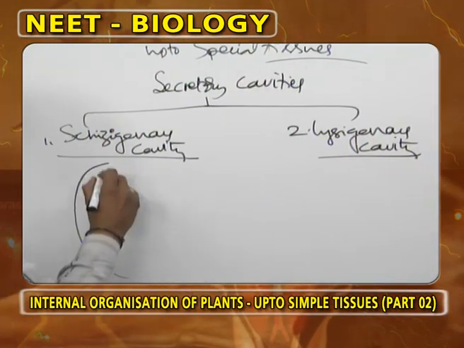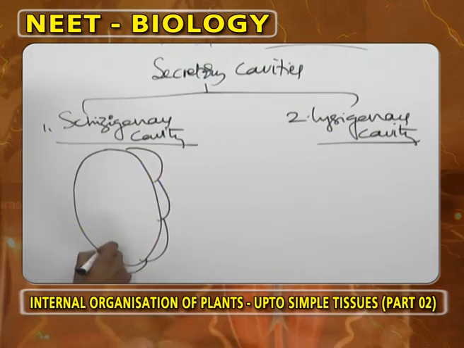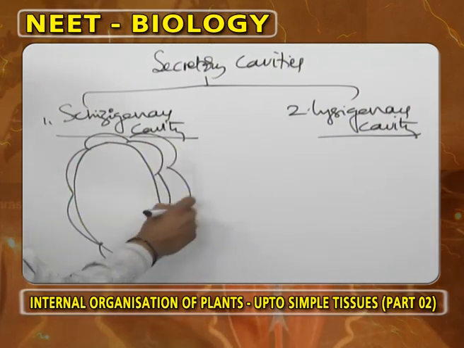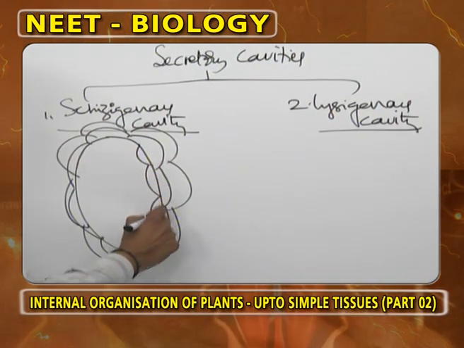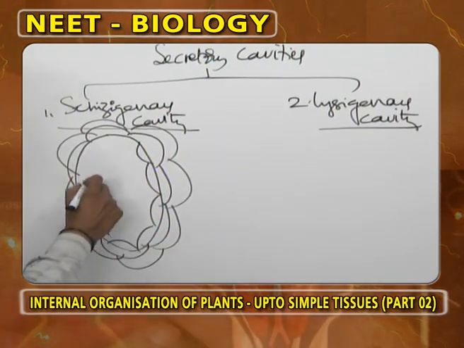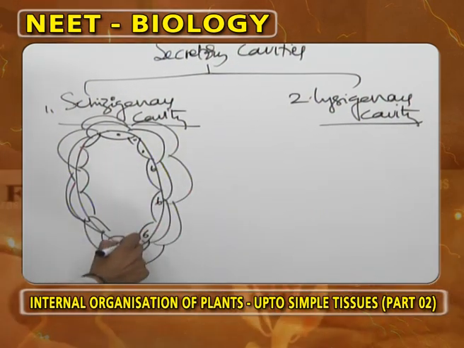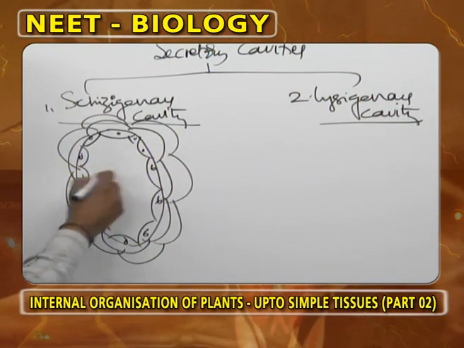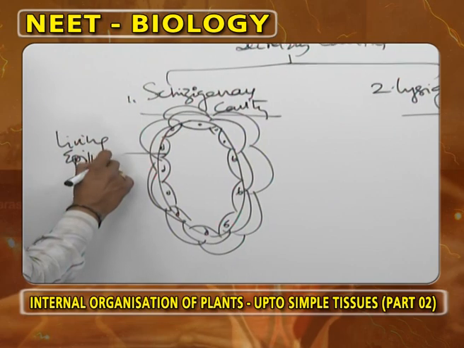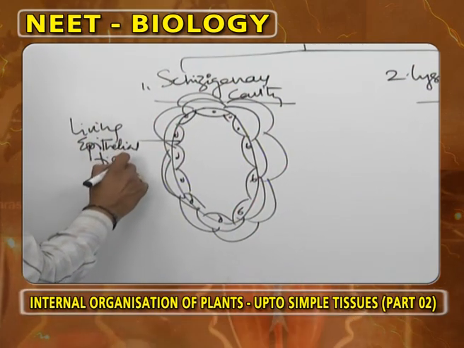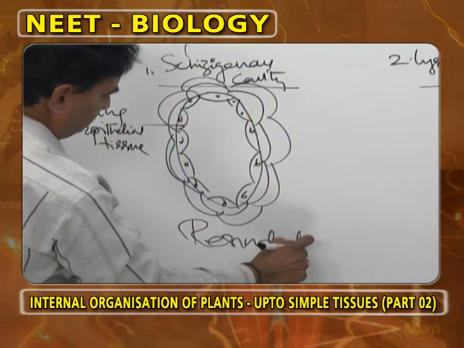Schizogenous cavity means it is formed by the expansion of intercellular spaces, and a special feature about a schizogenous cavity is that it is internally lined with living epithelial tissue. The best example is resin ducts in any gymnosperm.